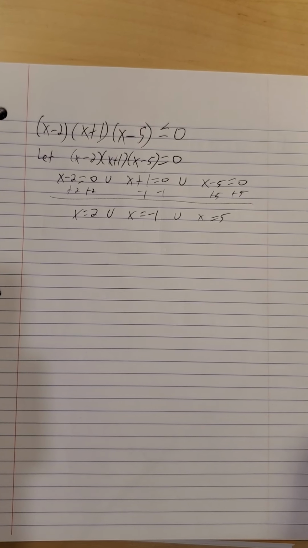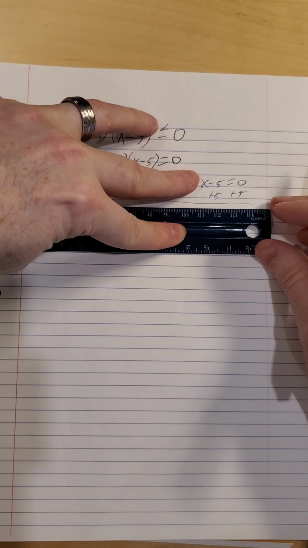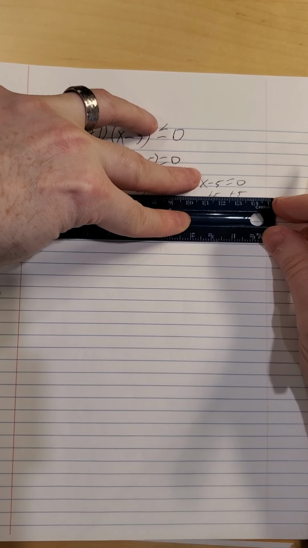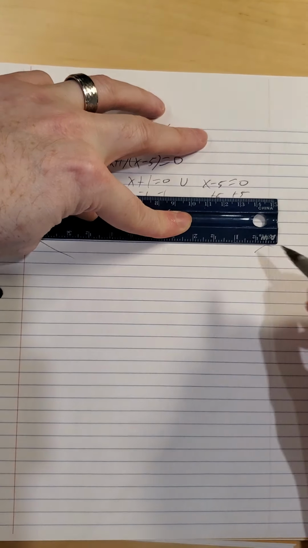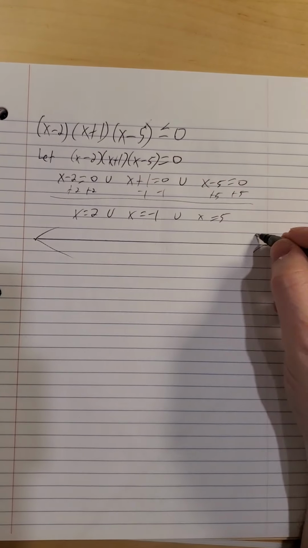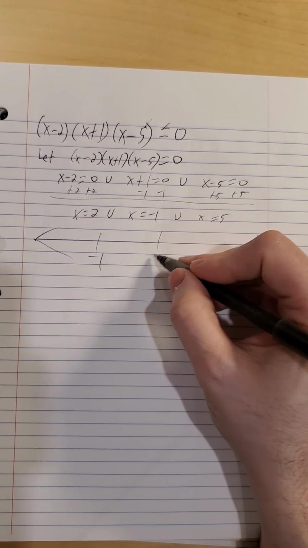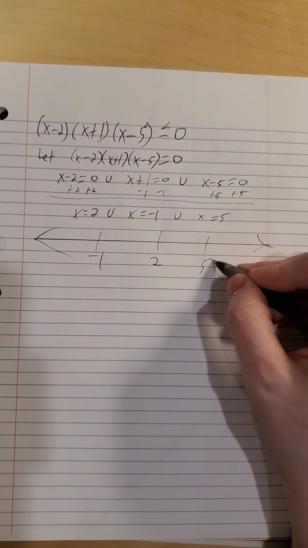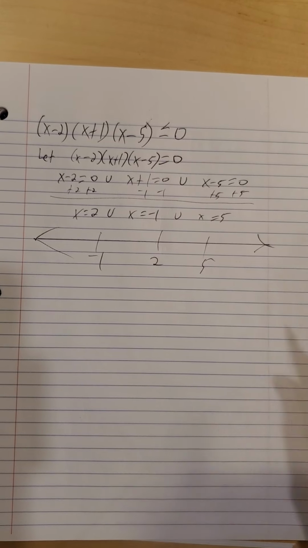So I'm just going to make 3 cuts to the number line instead of our 2 like before. Okay, furthest to the left we have the negative 1. In the middle we've got the 2. On the right we've got the 5.